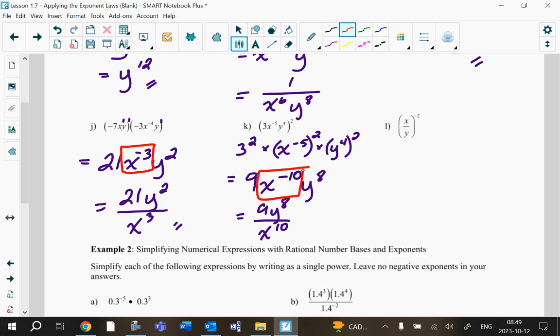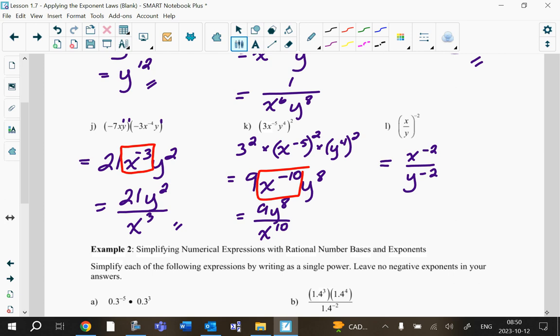The final one in this section, well, first thing I can do is take everything inside to the negative 2nd. Because the parentheses means do this to the negative 2nd, do this to the negative 2nd. So I get x to the negative 2nd over y to the negative 2nd. The negative 2nd doesn't just apply to the x.